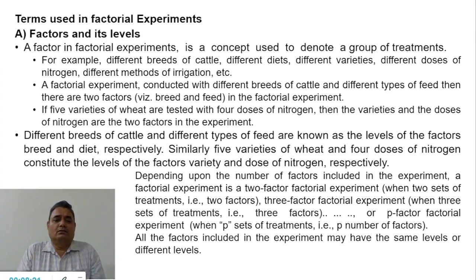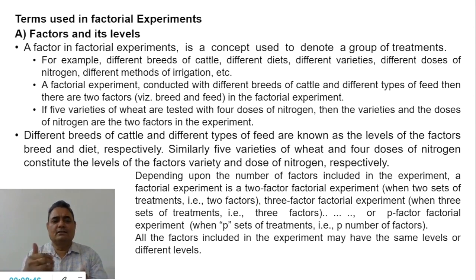a p-factor factorial experiment when p sets of treatments or p number of factors are used. So all the factors included in the experiment may have the same levels or different levels. Depending upon whether the number of levels for each factor is the same or different, we can categorize the factorial experiment into two parts: symmetrical factorial experiment and asymmetrical factorial experiment.